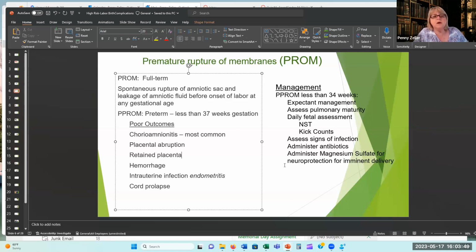We might assess pulmonary maturity, but we don't do that much because that further increases the risk for infection. We might do some non-stress tests, observe the mother's temperature, and then go ahead and administer antibiotics and magnesium sulfate in the hospital.